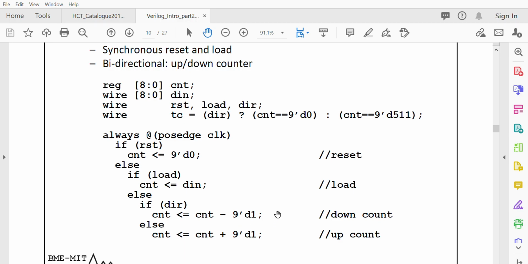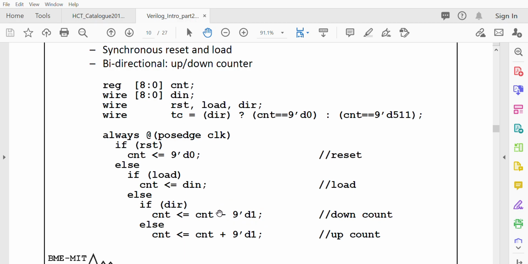Here you notice that the constant is 9'd1. It means it is a 1 that is represented on 9 bits, which is the same size as the counter. So this is very important. If you put just 1, it will work, but it defaults to 32 bits.